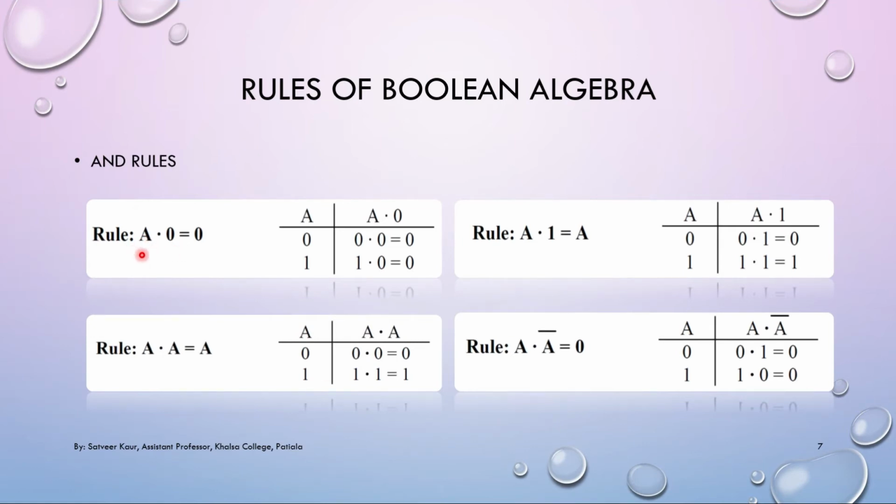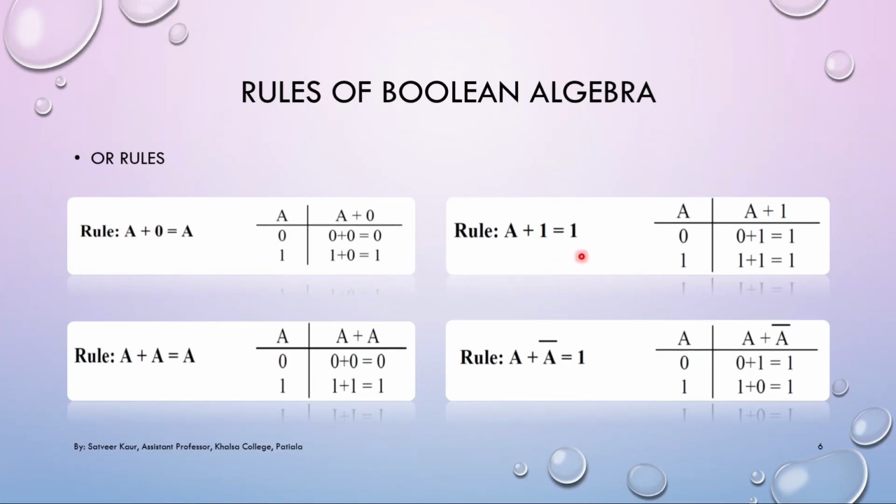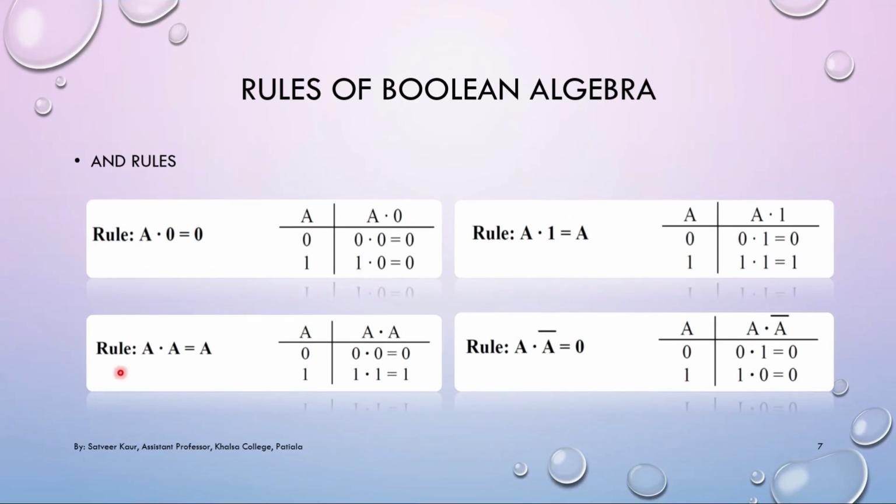Rule number 1 for AND: A and 0 will be equal to 0. Rule number 2: A and 1 will be equal to A. If A and A, it will be equal to A, and A and A inversion will be equal to 0. In the OR rule, it was equal to 1.